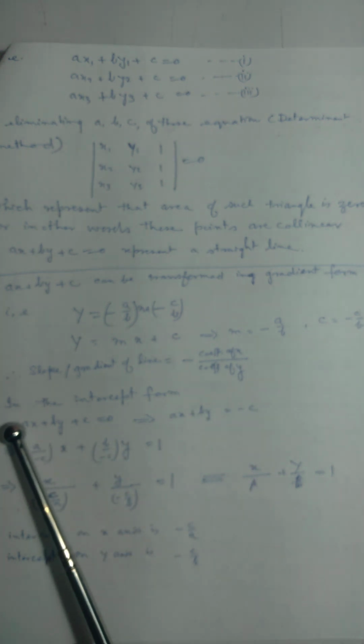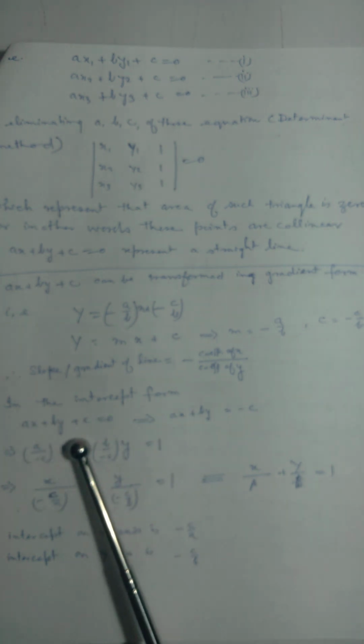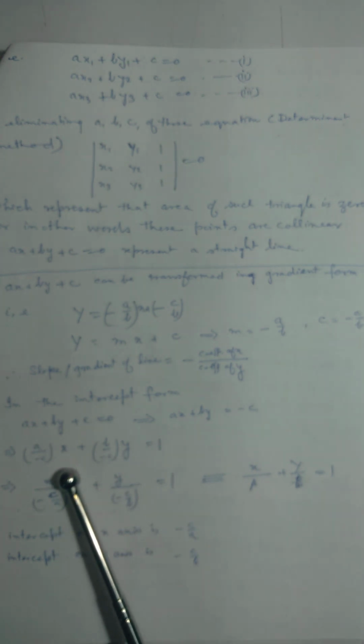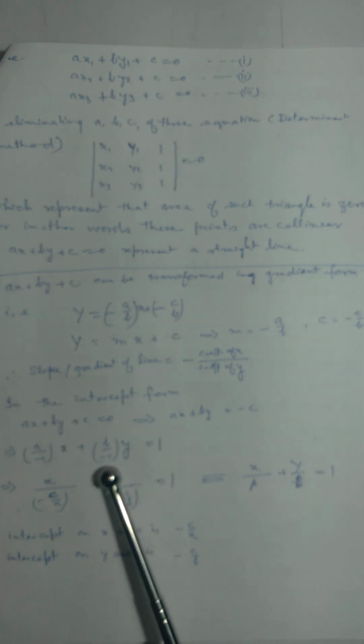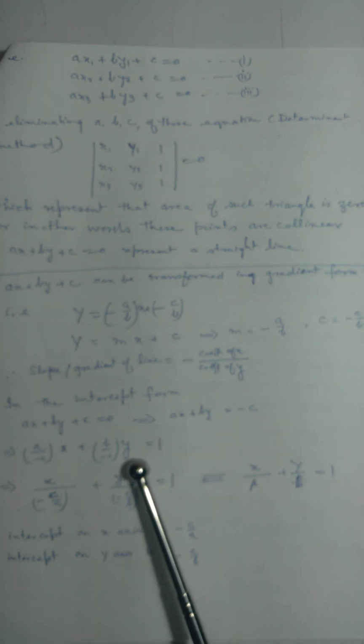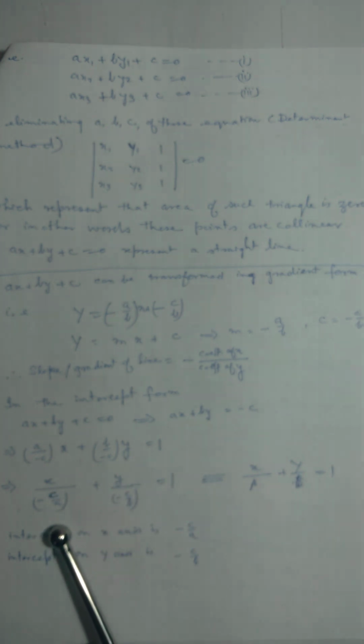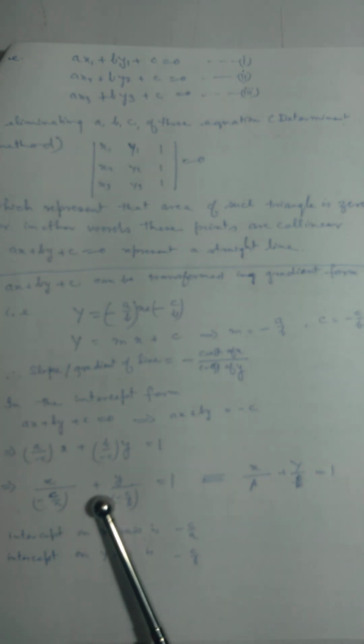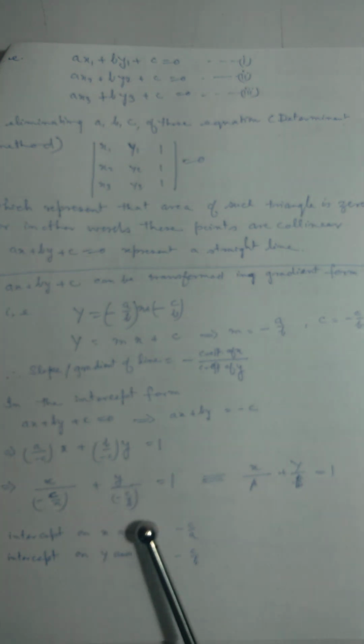Now proceed to the second part. In the intercept form, ax plus by plus c is equal to 0. This implies that ax plus by is equal to minus c. So a by minus c into x plus b by minus c into y is equal to 1. So x upon minus c by a plus y upon minus c by b is equal to 1.